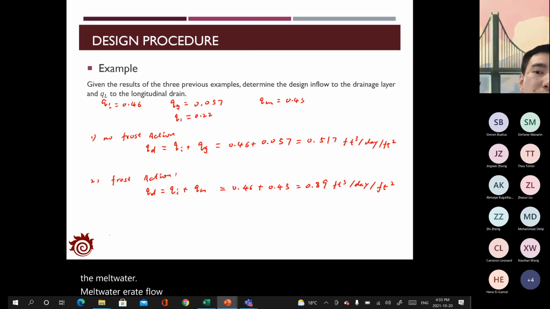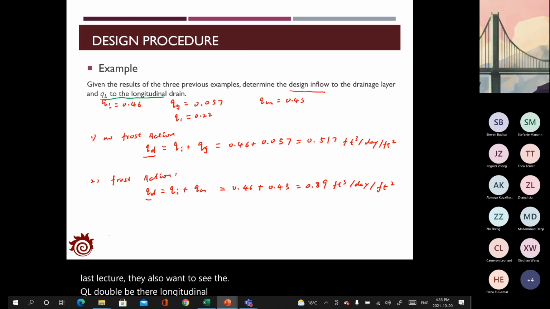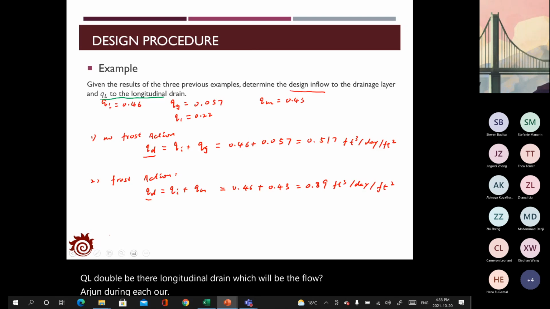The problem wants us to find the design inflow to the drainage layer, which would be the QD as we calculated in the last lecture. They also want to see the QL, the longitudinal drain, which is the flow per unit distance.